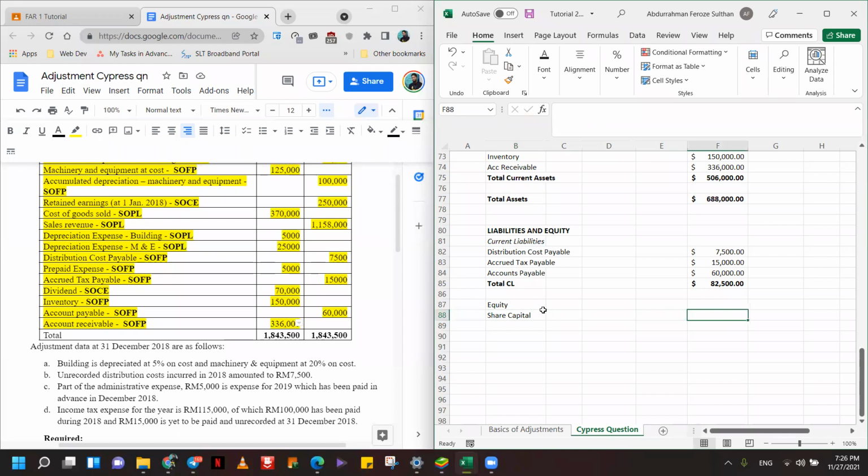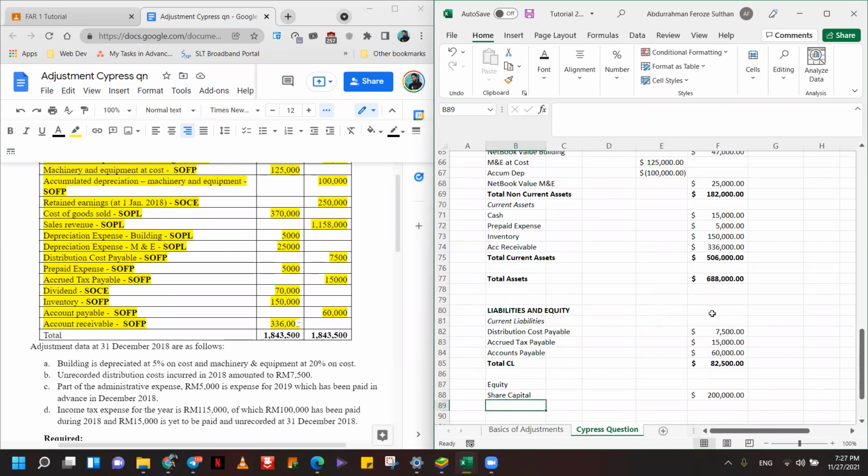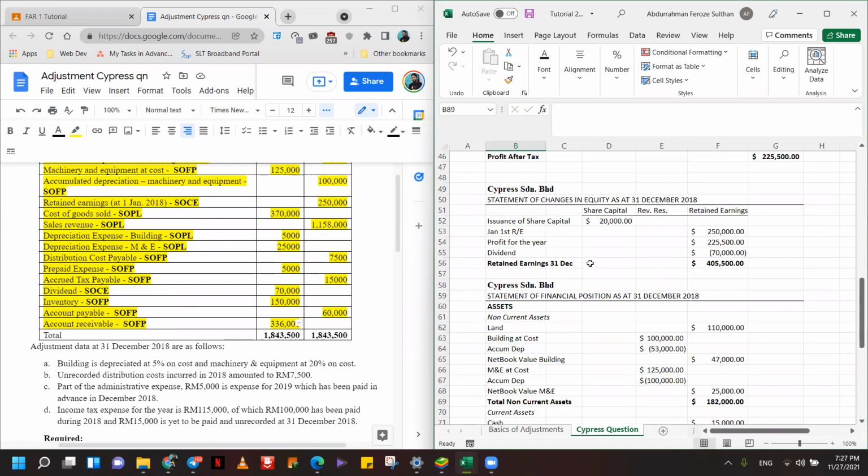And share capital is how much? 200,000, correct? 200,000.